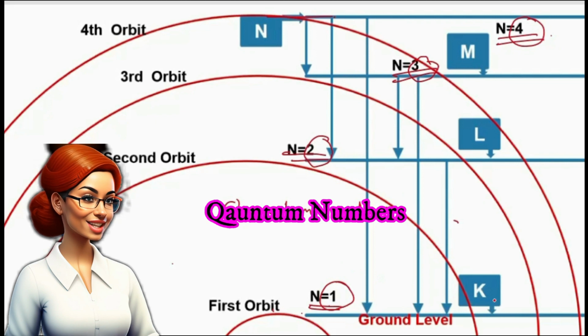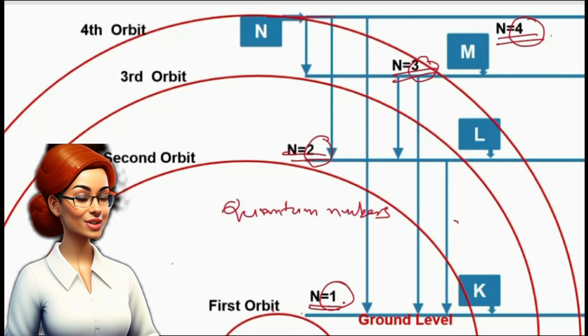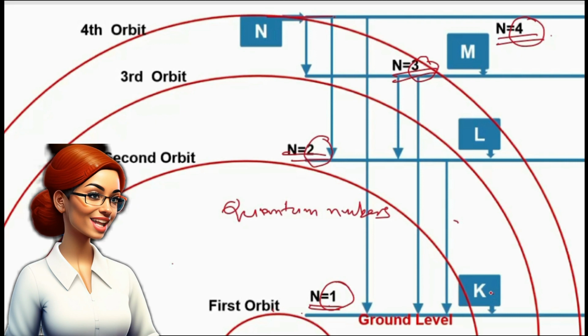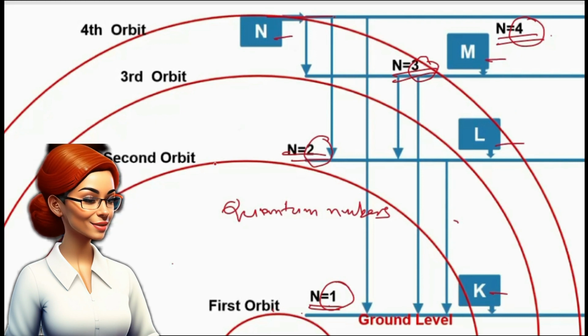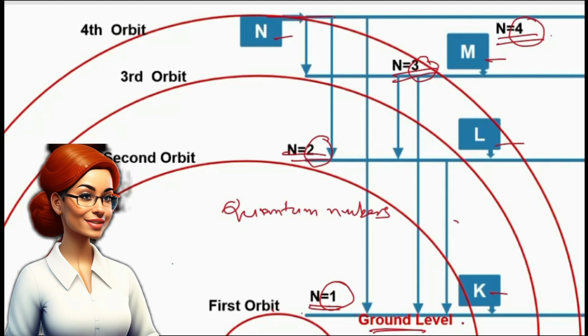The different energy levels or orbits are represented in two ways. One way is by numbers as 1, 2, 3, 4. Another way is with shell names K, L, M, N. The lowest energy level of the electron is called the ground state.